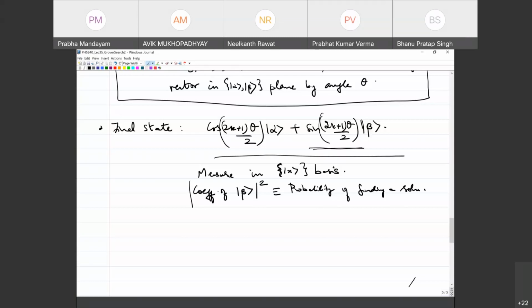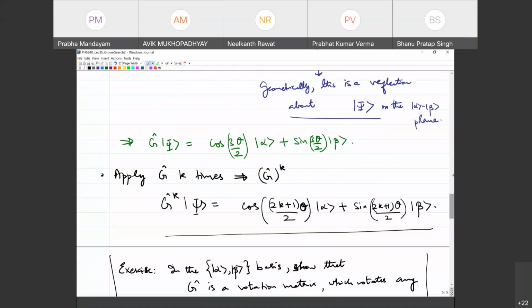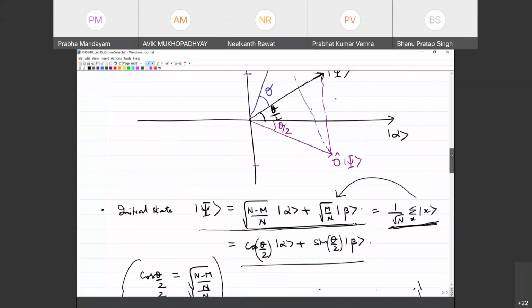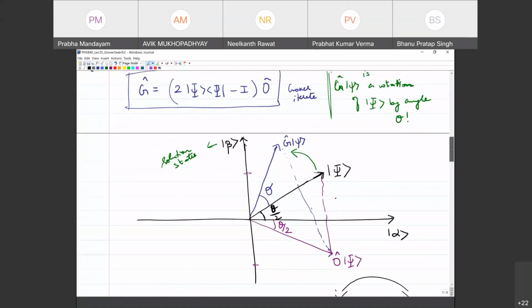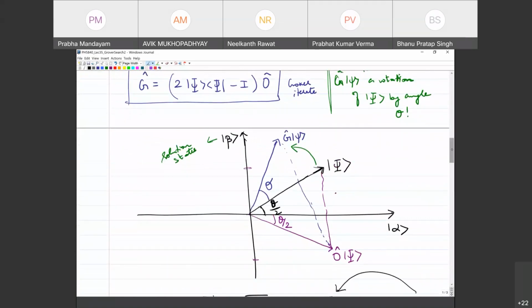So let's look at ideally how many iterations I need if I want to be exactly on ket beta, right? So I hope you realize now that this is a probabilistic algorithm. So there is going to be a certain probability of getting the final solution state. And with every successive iteration, I'm going to get ideally closer and closer to beta, right?